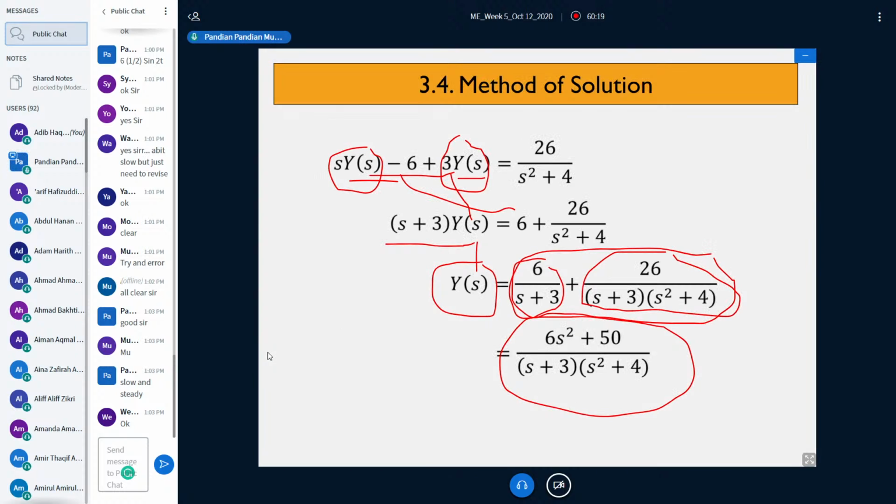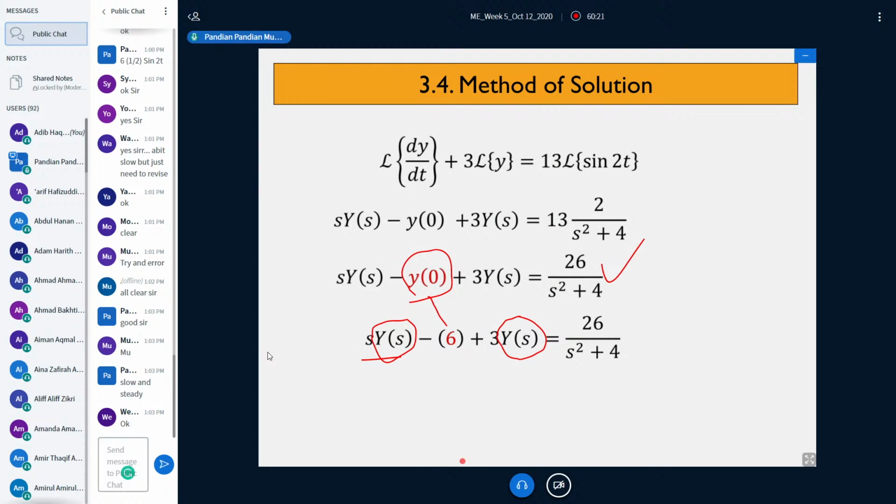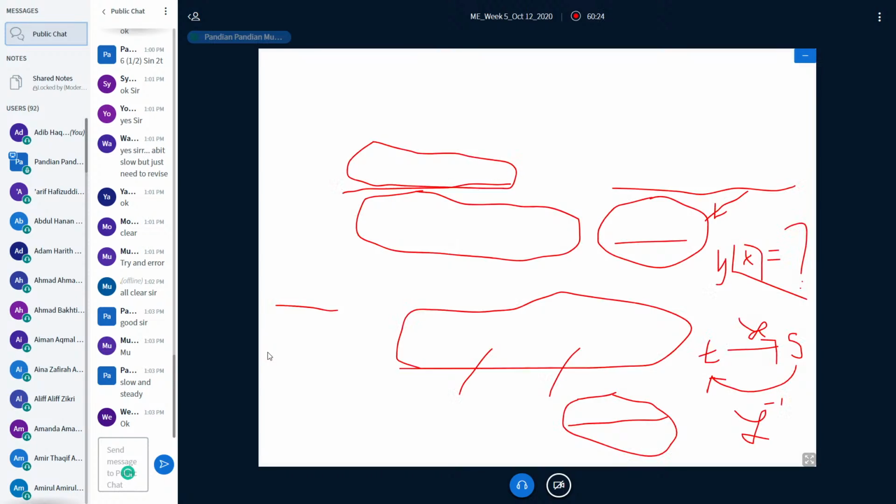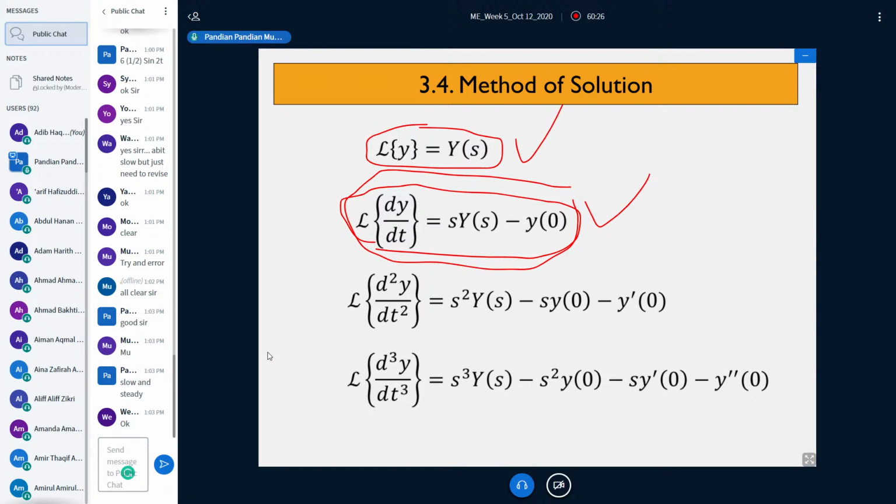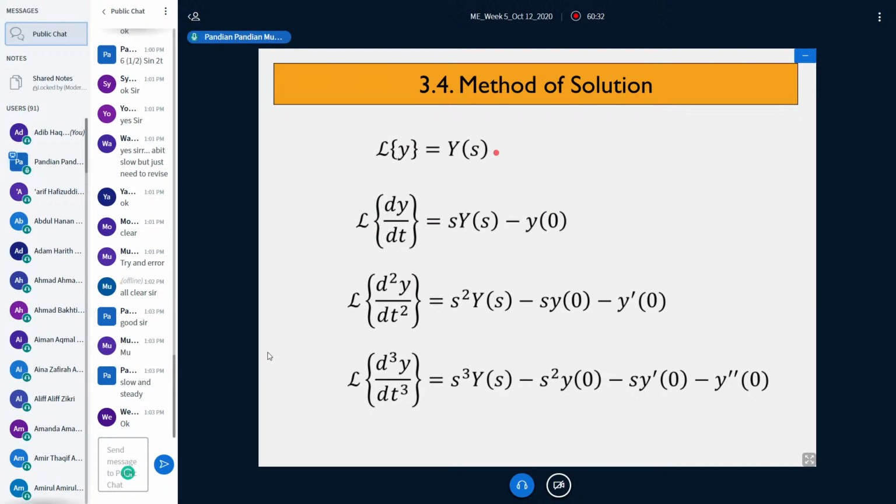Where do we get them? For the left-hand side, you go to this table. Laplace of y is Y(s). So you use this one. Laplace of y is Y(s). Laplace of dy/dt is sY(s) minus y(0). y(0) is given.